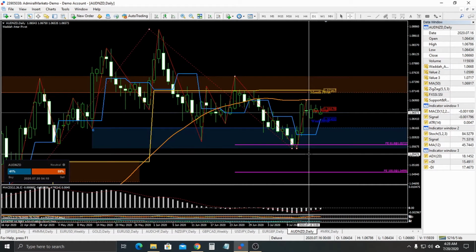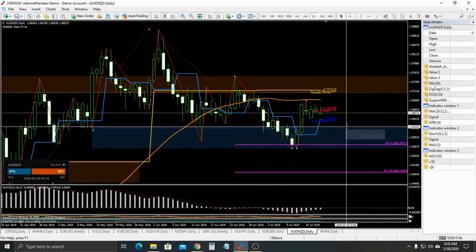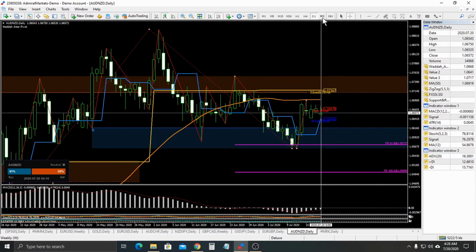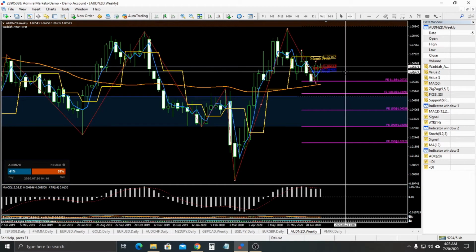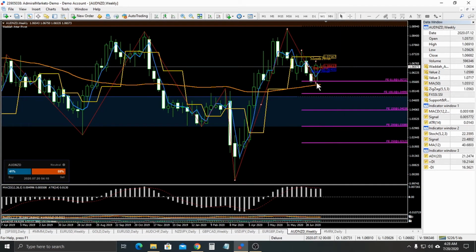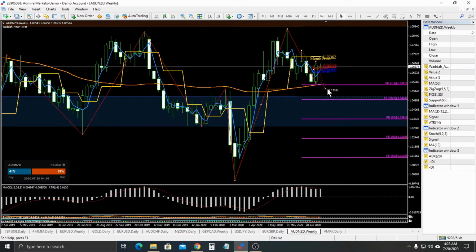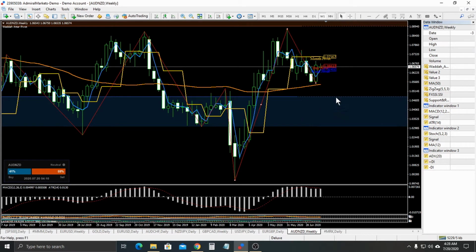Okay, all that taken in, there is another setup that I do see on a higher time frame. Hold on, let me take this off. I have a BBD on the weekly, on the Aussie Kiwi.